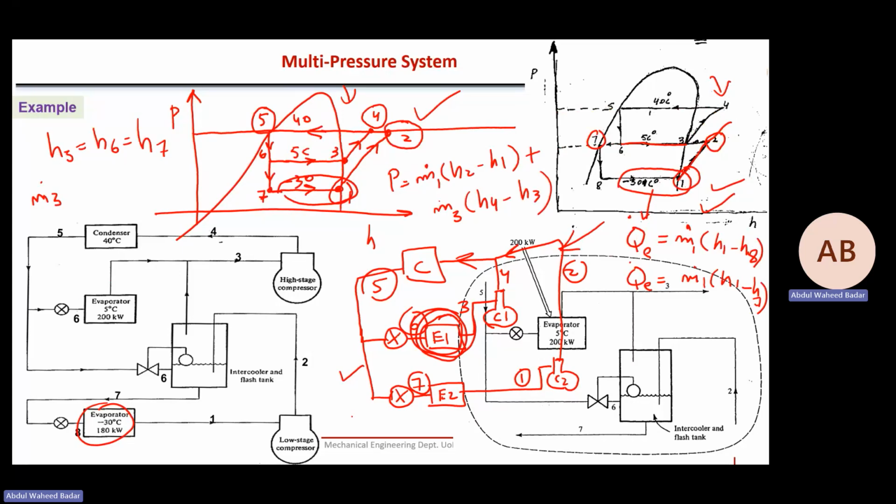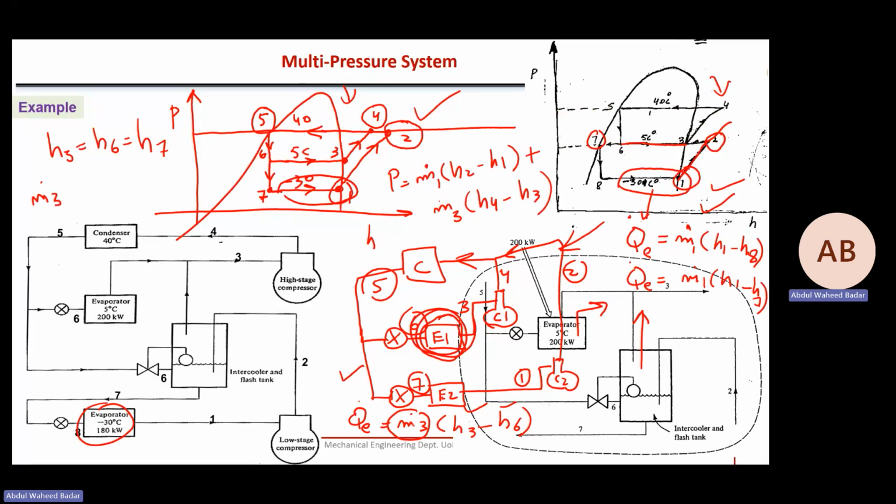So use the same equation. Q dot E is equal to m dot 3, coming only from that evaporator, so it will be m dot 3 into H3 minus H6. So calculate m dot 3. In this second part, it's easier because mass is coming only from the evaporator. In the previous case, some was coming from the evaporator and part was coming from the intercooler or flash tank.